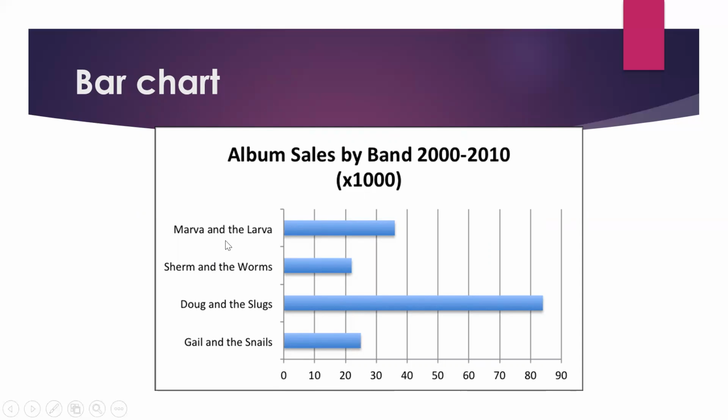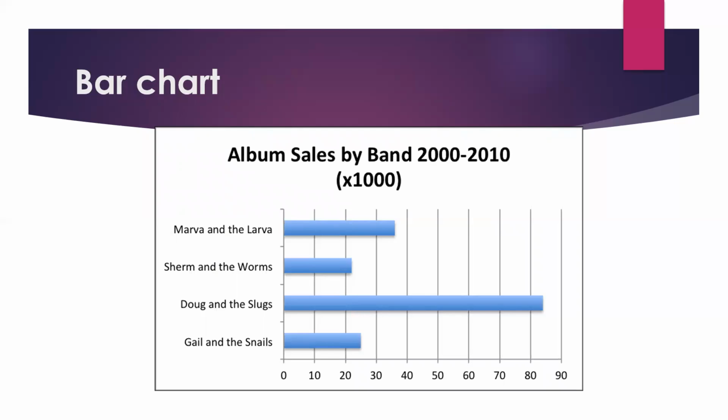The y-axis shows category values. So mostly the column chart and bar chart are similar or effectively the same.